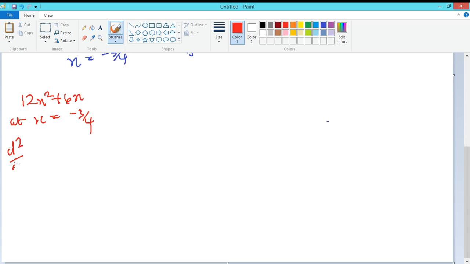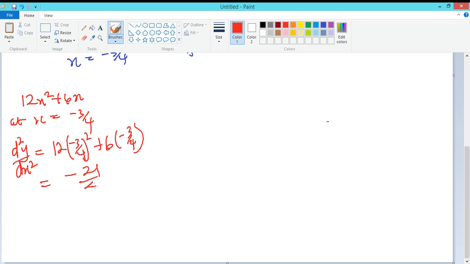Our d squared y over dx squared will be equal to 12 times minus 3 over 4 squared plus 6 times minus 3 over 4. Solving further, we'll realize that this will give us negative 21 over 4. Sorry, over 2.